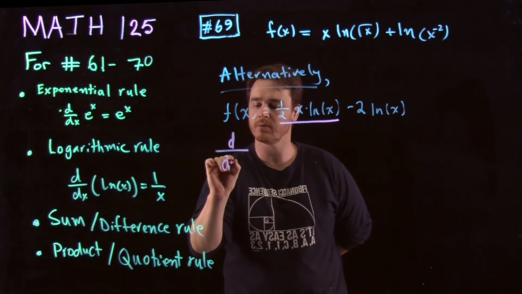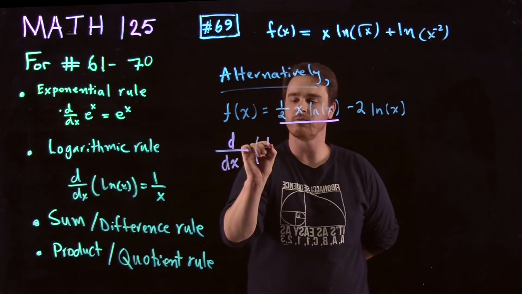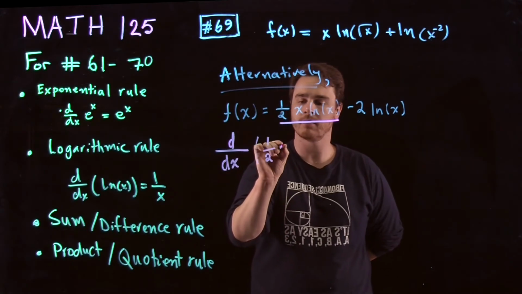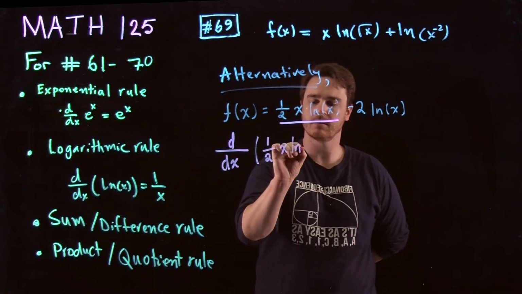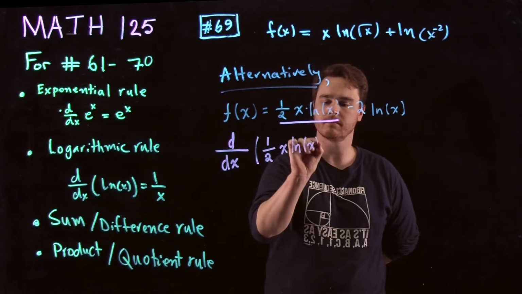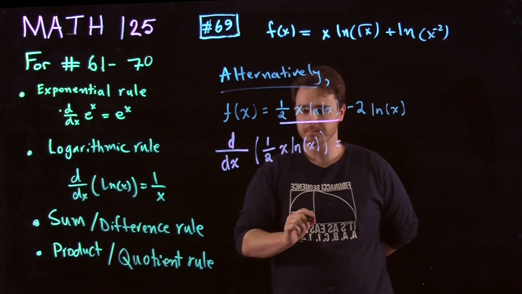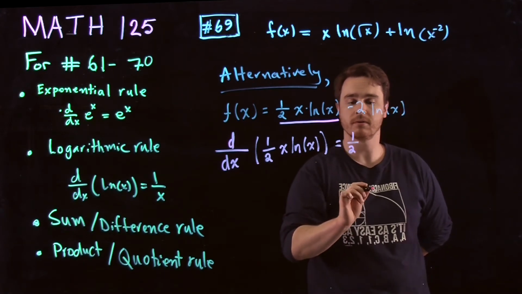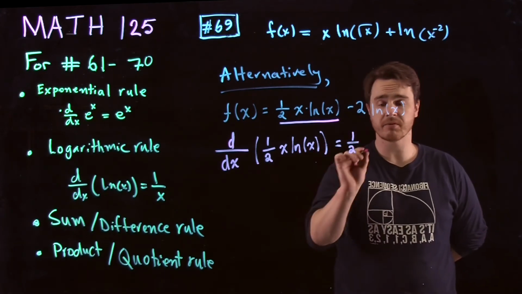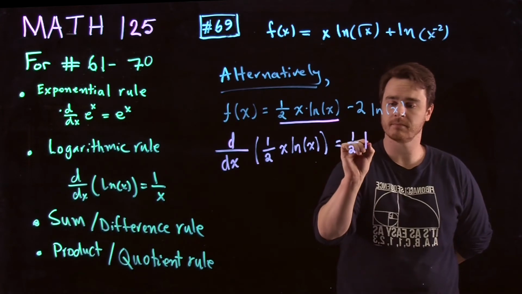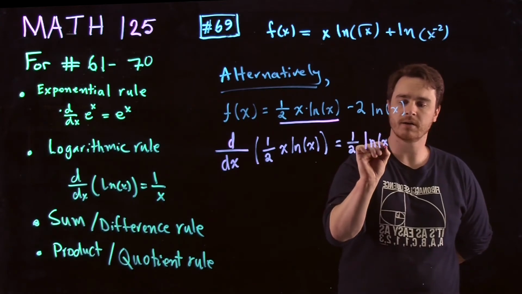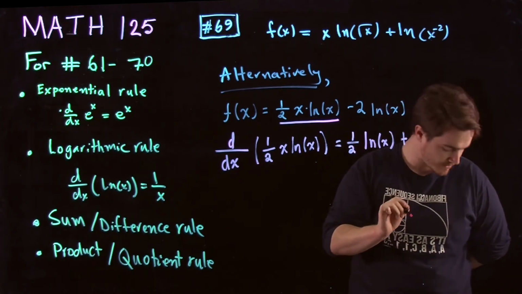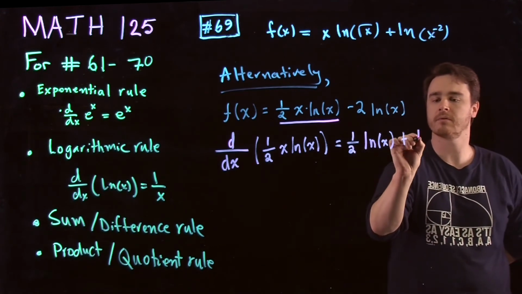So the derivative with respect to x of 1/2 x natural log of x. The constant can be pulled outside, so we'll say 1/2 times the derivative of the first term, which is just 1, natural log of x, plus 1/2.